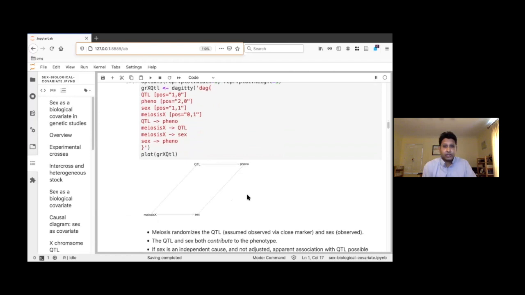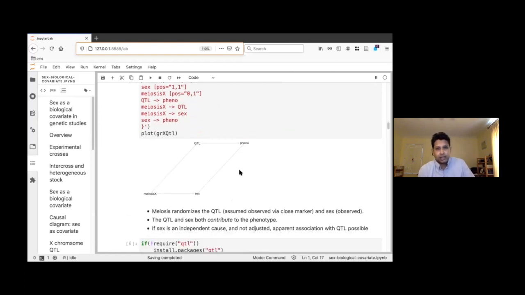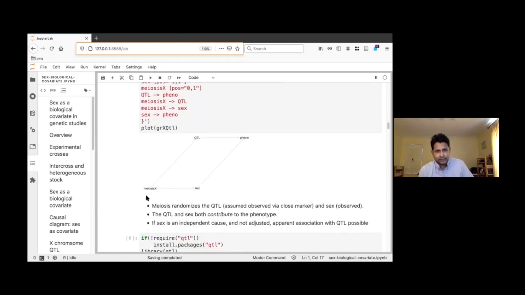So in this case, the causal diagram will look like this. The meiosis on the X chromosome is now responsible for both sex as well as the QTL, the genetic locus you're looking at.